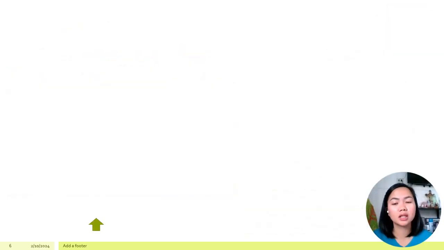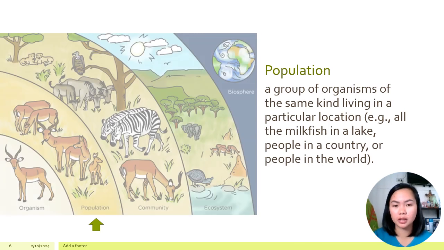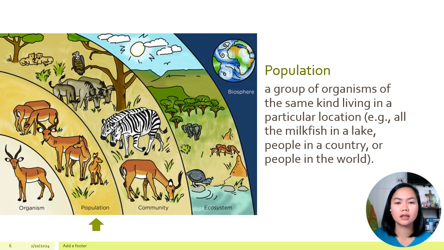Another concept in ecosystem is what we call a population. So as you can see in the illustration that we have here, this is an example of an organism. So of course, this is a deer. So if there's one deer, one pig, or one dog, or they are called an organism, or even human beings, we are organisms.